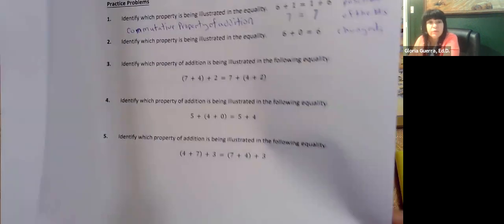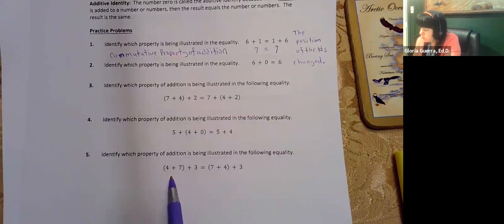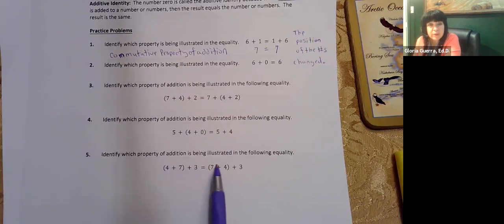If we look at number 5, let's see what's happening here. Look at the 4 plus 7 in this statement. And then look how on this side those numbers change position. 4 and 7 switch position; now it's 7 and 4.